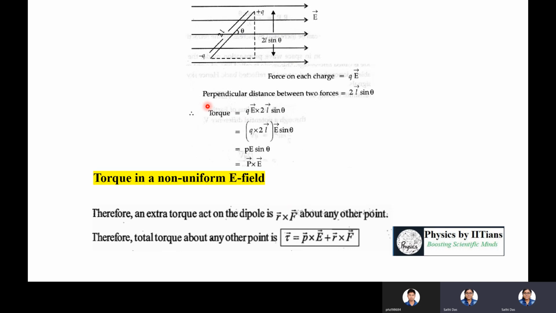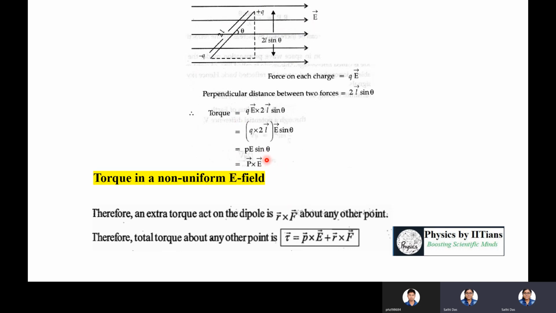So what will be the torque? Whenever a dipole is placed in an external electric field that is uniform, the charge plus Q will experience a force of plus QE, and the charge minus Q will experience a force of minus QE. And these two forces will actually cancel each other. That's why the net force is 0, but there will be torque, and the torque is P cross E.